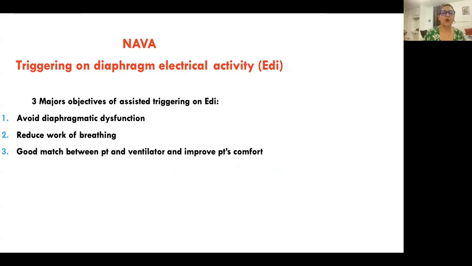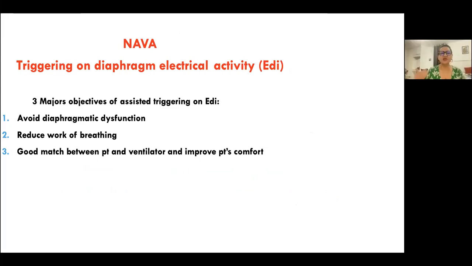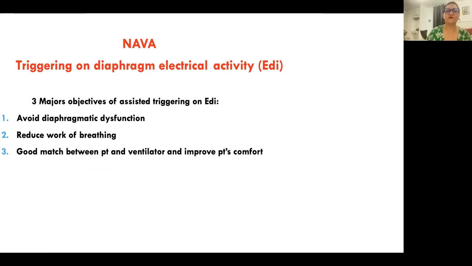Now, when we are using the NAVA, the major reason why we want the triggering on diaphragmatic electrical activity is, first, as we saw, with mechanical ventilation, when the diaphragm is not being used, it causes diaphragmatic dysfunction. So you want to avoid diaphragmatic dysfunction.